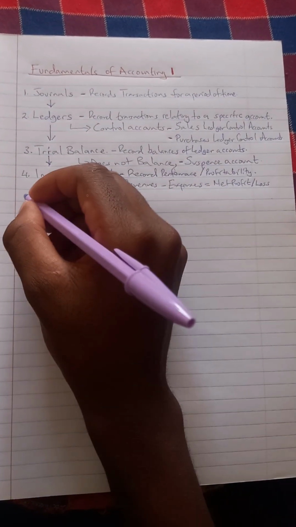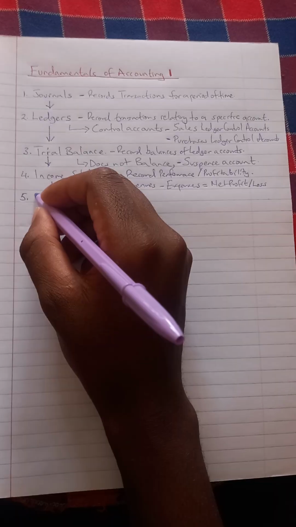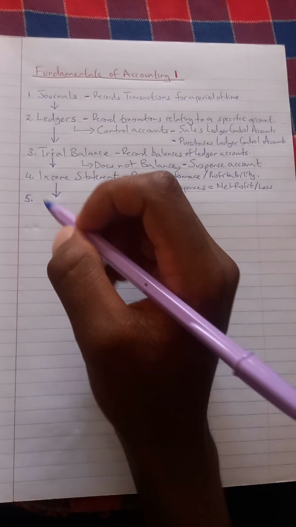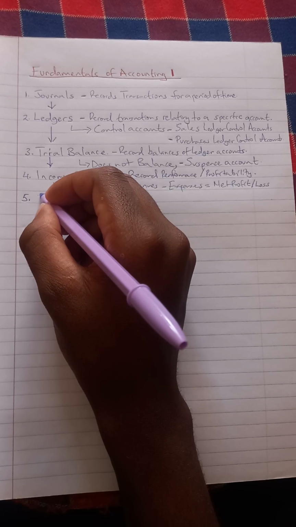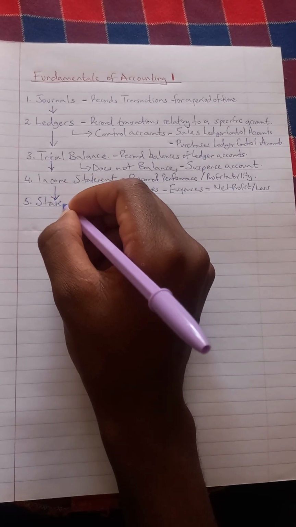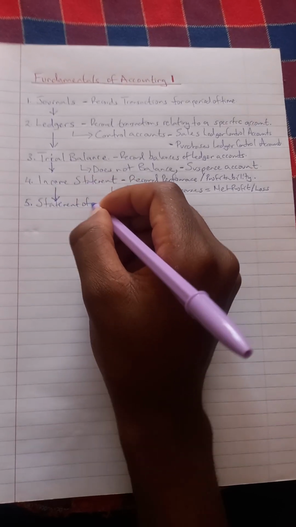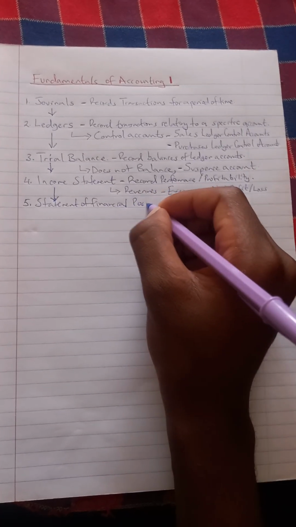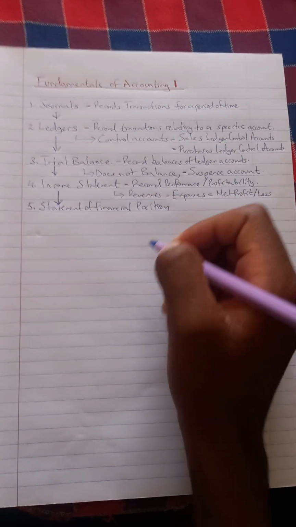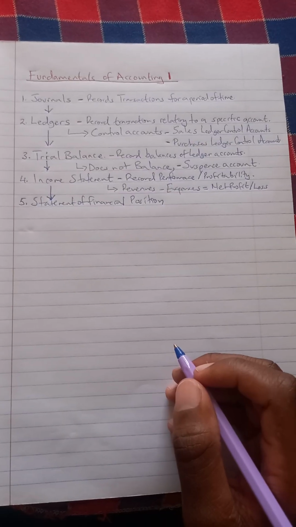And then after that, after you've gotten your net profit, now you will be able to create the final financial statement, which we call the statement of financial position. It is commonly known as a balance sheet.